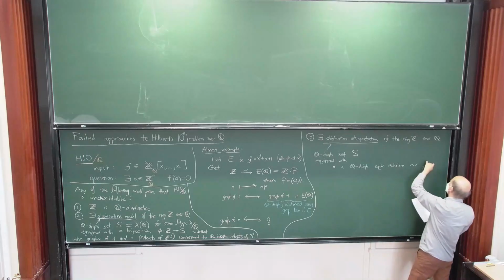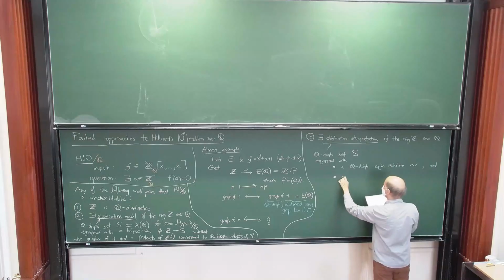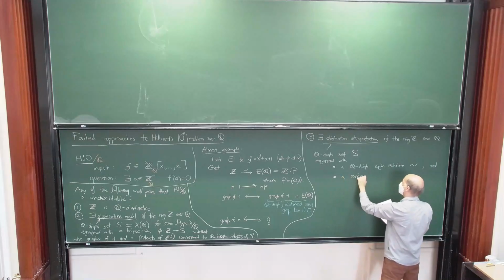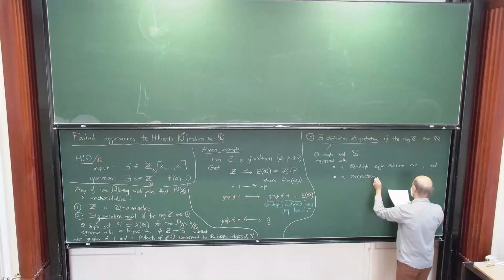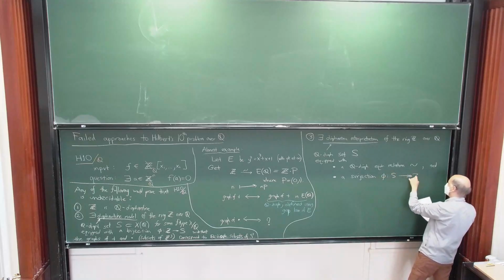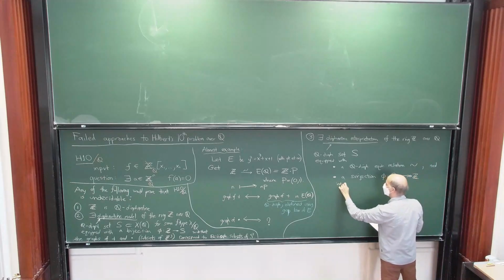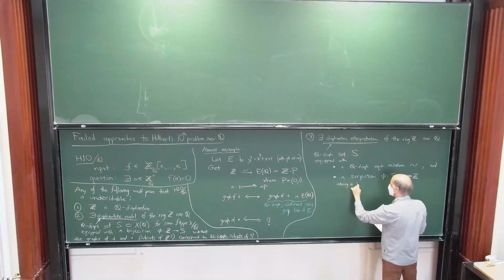And there should be a surjection, say P, from S to Z, inducing a bijection from the equivalence classes of S to Z when you quotient out by the equivalence relation.